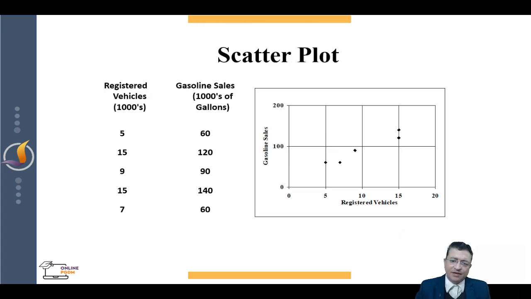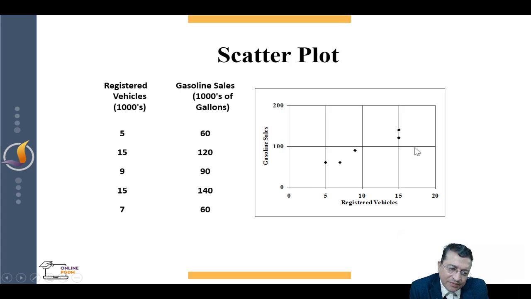So how will it appear? For example, we have data related to registered vehicles and sales of gasoline. I want to see what kind of relationship there is between these two variables. In this case, a scatter plot can help me. On the x-axis I have entered registered vehicles and on the y-axis gasoline sales. When I plot, I find these types of dots.